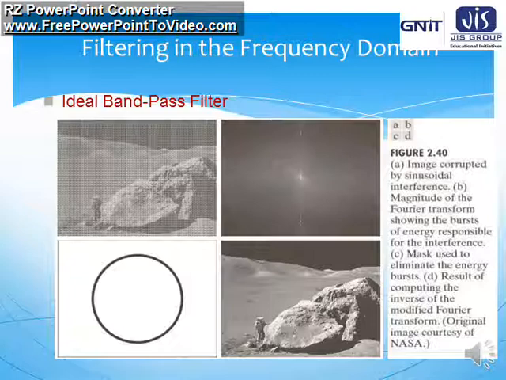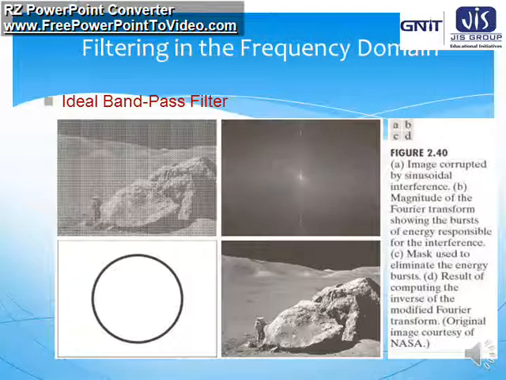The first one is an image corrupted by sinusoidal interference, and in B the magnitude of the Fourier transform has been shown, with the burst of energy responsible for the interference. In the third, we can see a mask used to eliminate the energy burst, and the last image is the result of computing the inverse of the modified Fourier transform. So we can see the last image is much clearer than the first image.